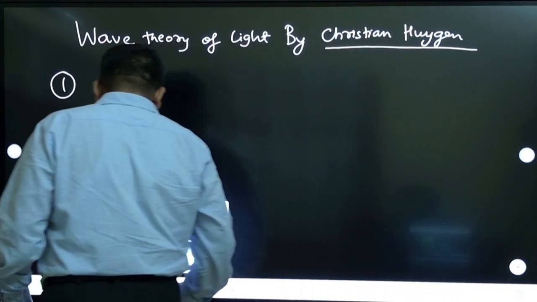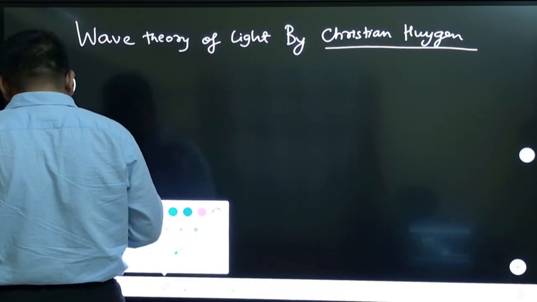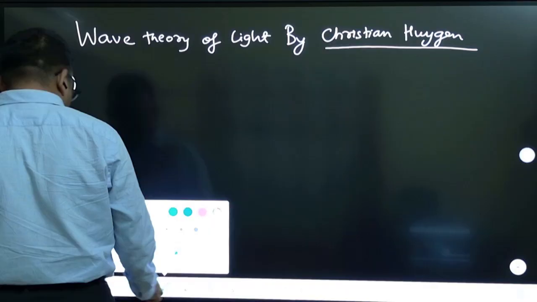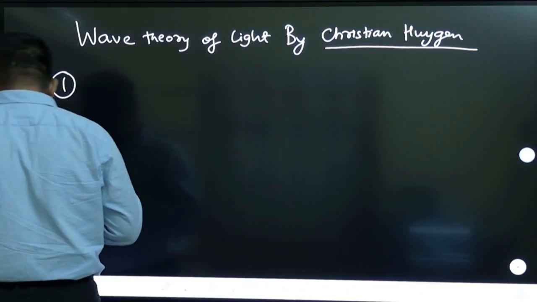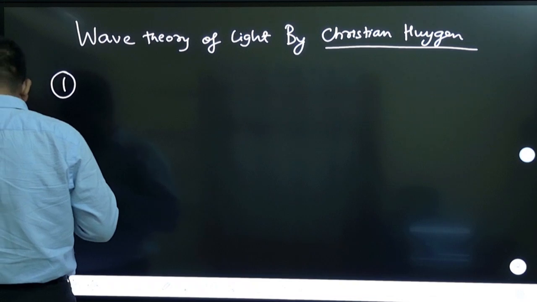Now we will go into the wave theory, and in this theory, let us write the important points also. If we don't write important points, it will not be useful. So let us write this point.